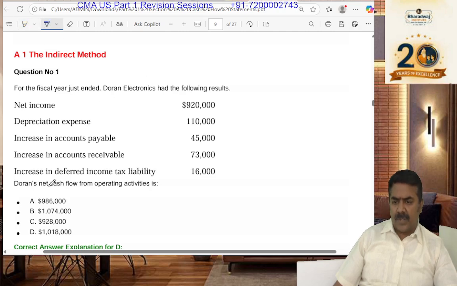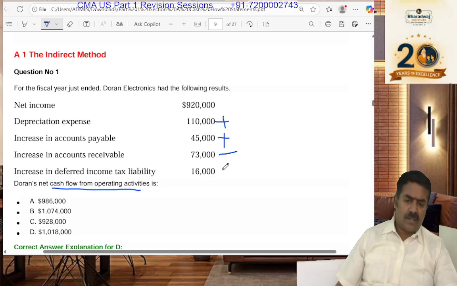They ask you to find cash from operating activity. Net income, depreciation expense you will add. Increase in accounts payable, we get money. Increase in accounts receivable, an increase in current assets, minus. Increase in deferred tax liability. How much?